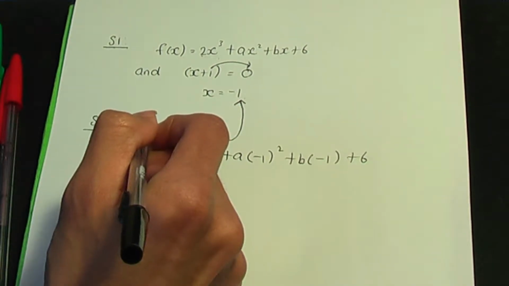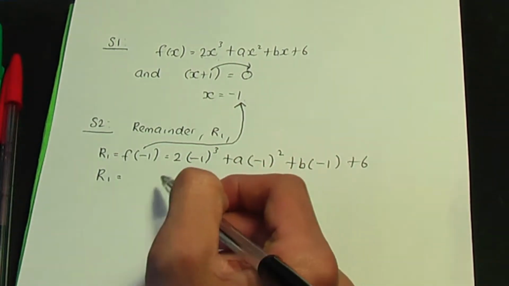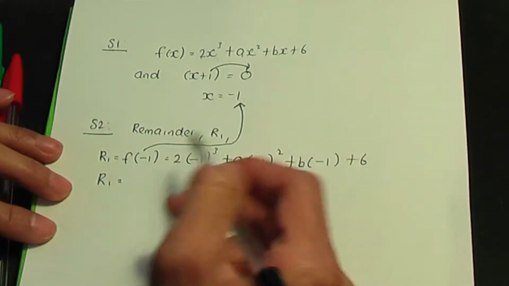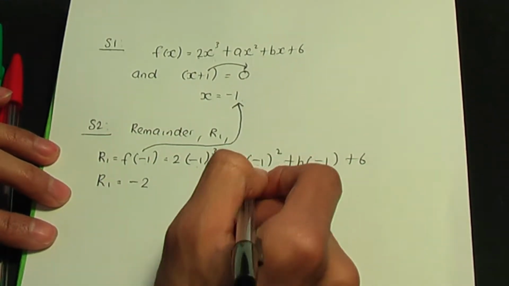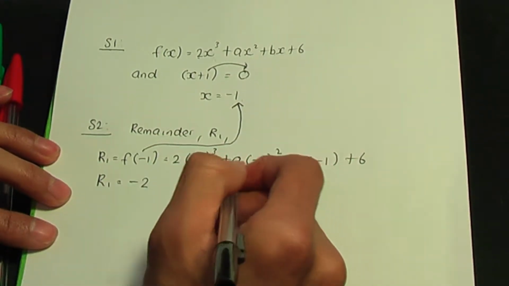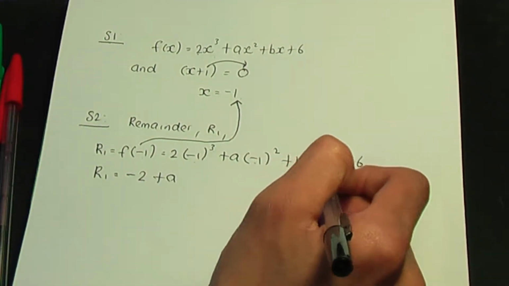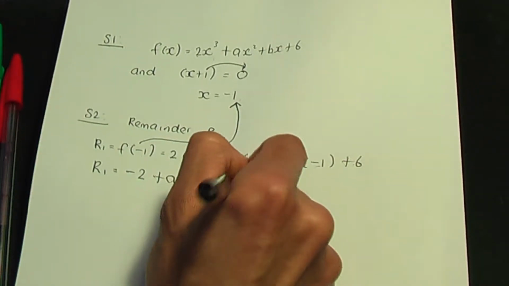Okay, so let's multiply out. Minus 1 cubed is minus 1, times 2 is minus 2. Minus 1 squared is plus 1, times a is plus a. Minus 1 into b is minus b, plus the 6 at the end.